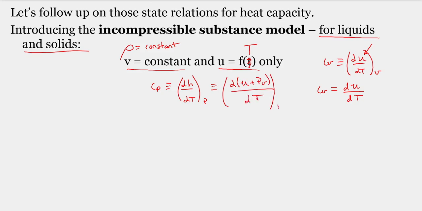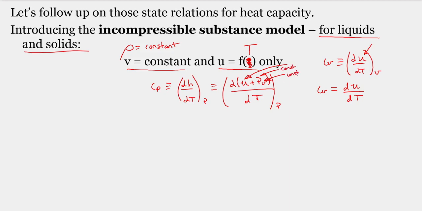So we look at this expression, we say, hey, this, we know from our model, is only a function of temperature. The internal energy is only a function of temperature. The definition of this partial derivative is with respect to constant pressure. So this mathematically is treated as a constant. And this density, or specific volume, is prescribed as constant in this model. So these are both constant.